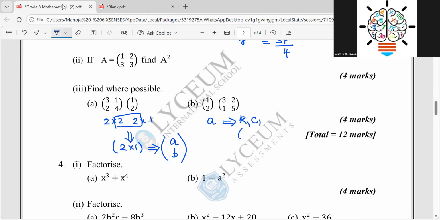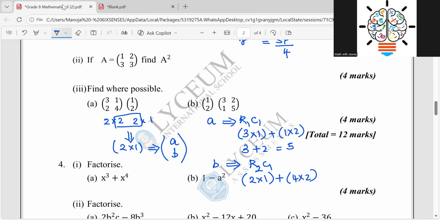How do you get that? 3 times 1 plus 1 times 2. So that is 3 plus 2. The answer is 5. What is the B value? It is R2 C1. Then how do you get that? R2: 2 times 1 plus 4 times 2. 2 times 1 is 2, plus 4 times 2 is 8.